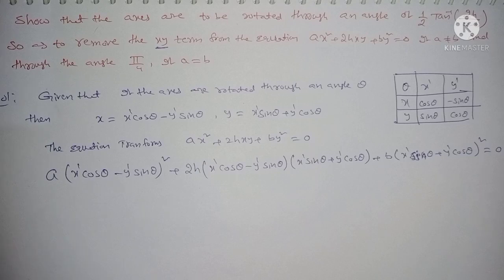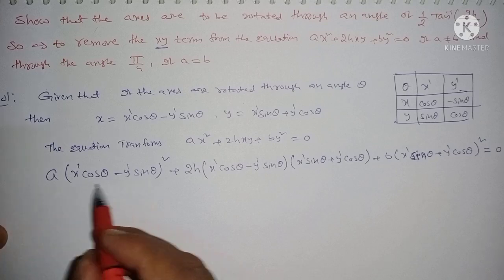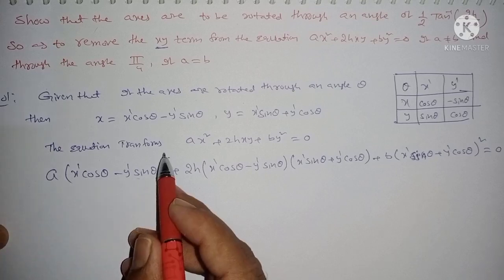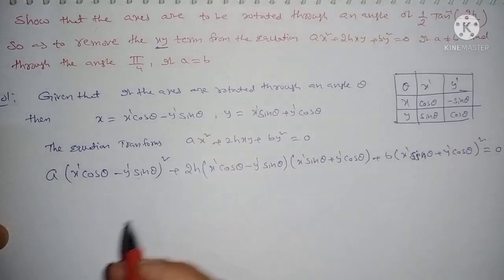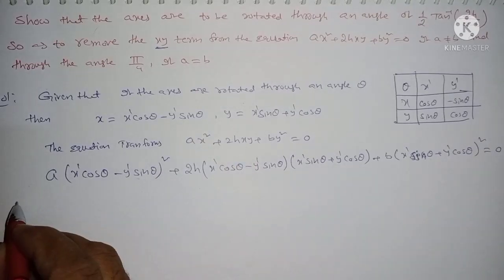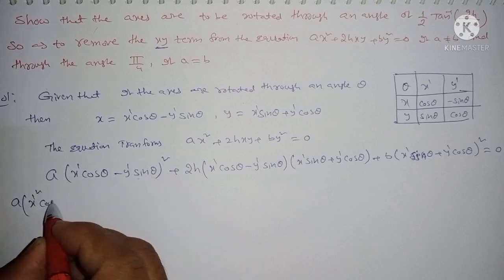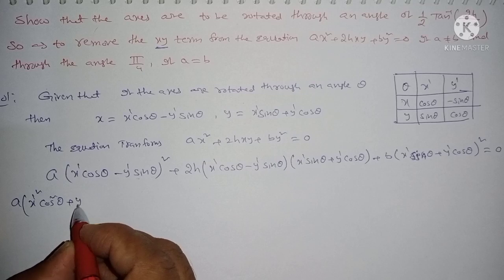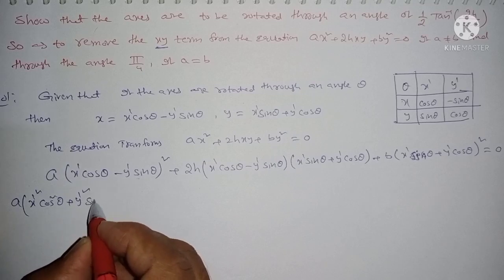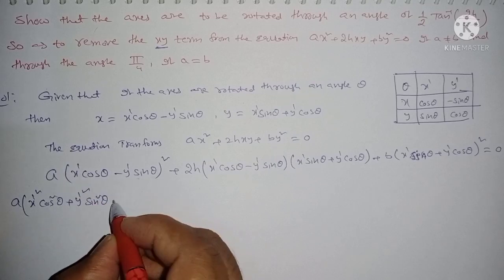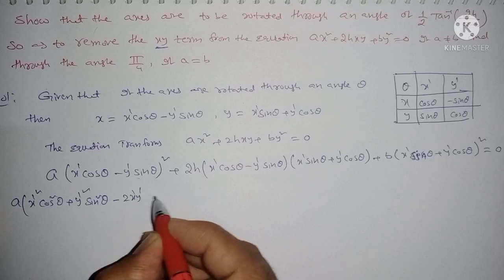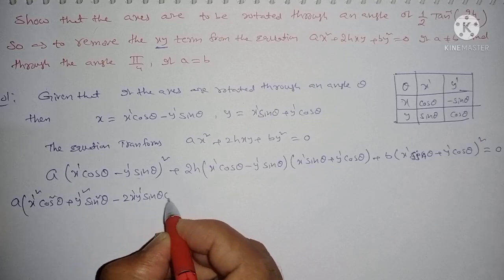You can simplify, and the xy term must be 0. How can you find your xy terms? You can apply the formula a minus b whole square, a plus b whole square, and simplify: a of x dash square cos square theta plus y dash square sin square theta minus 2 x dash y dash sin theta cos theta.